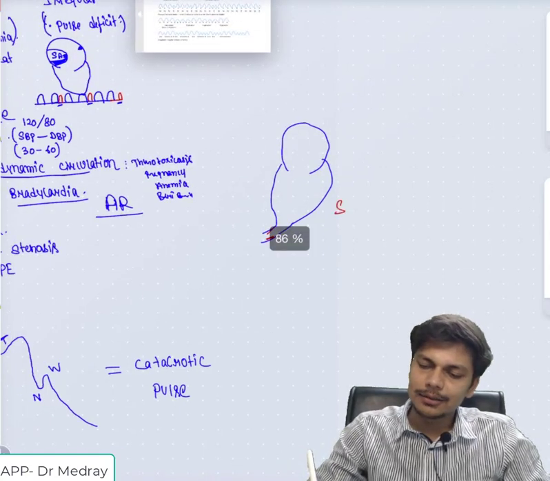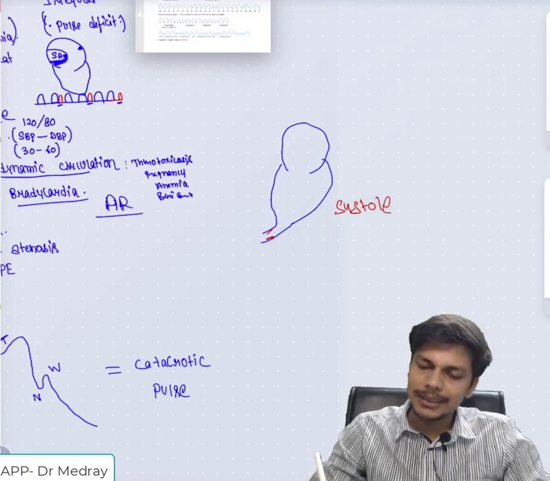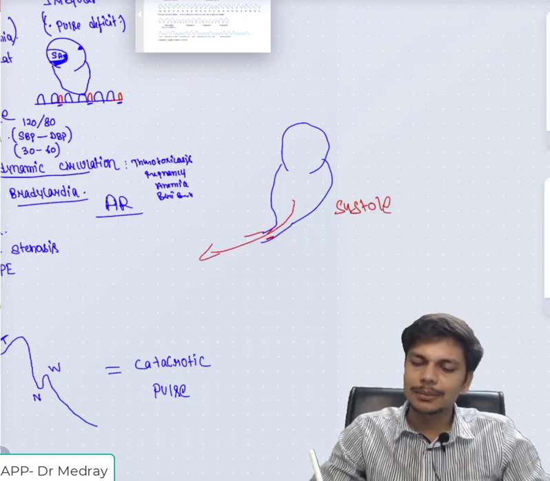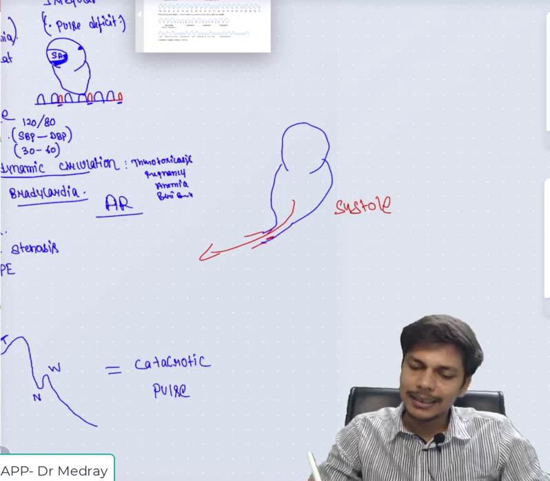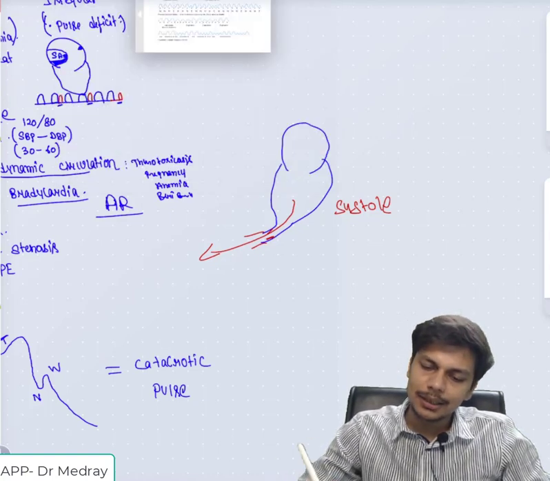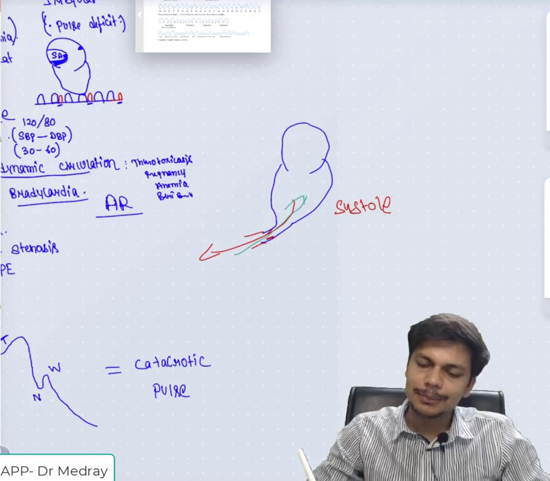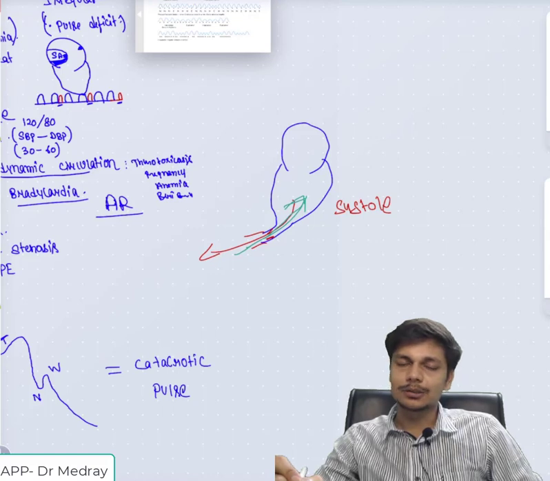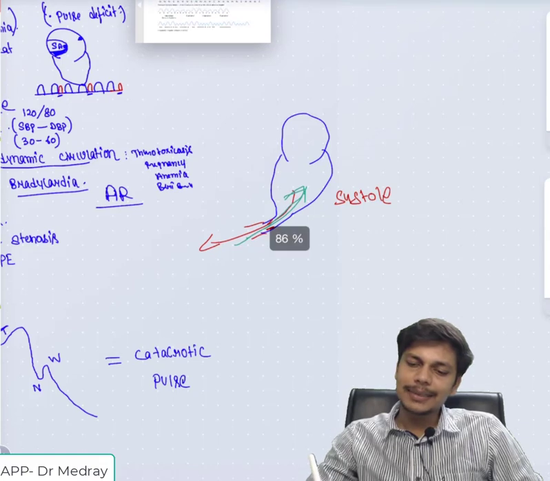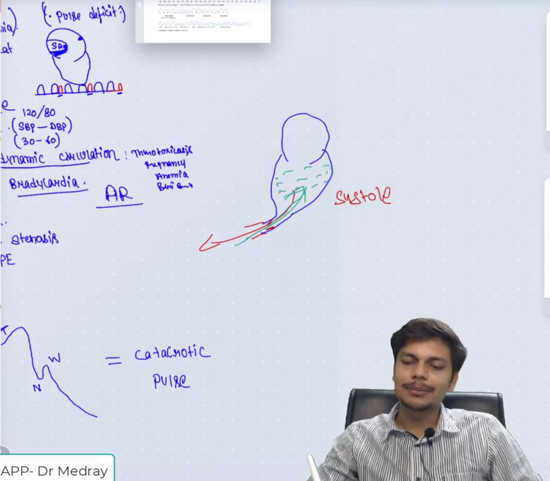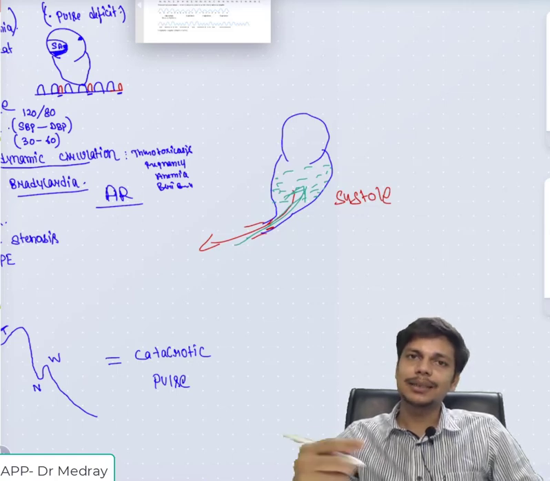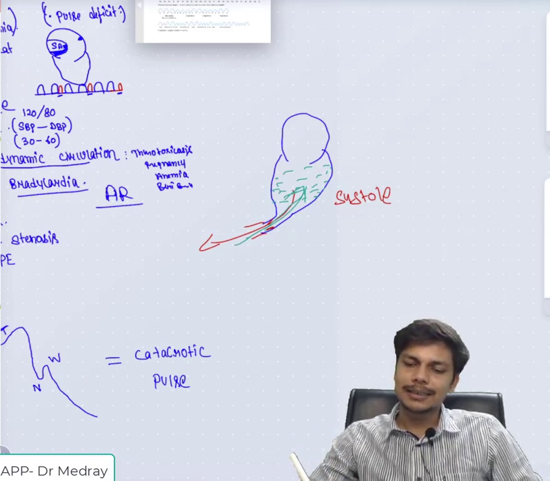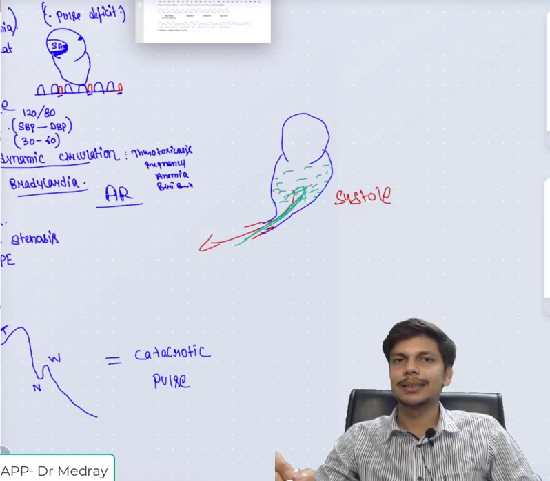So during systole, the blood is being ejected out of the ventricle through the aorta, but the aortic valve is incompetent. So some amount of blood is reaching back during the diastole in the left ventricle because of aortic regurgitation or aortic incompetency. So there will be extra blood in the ventricle. In the previous diastole, because of aortic regurgitation, some blood was reaching back in this ventricle.